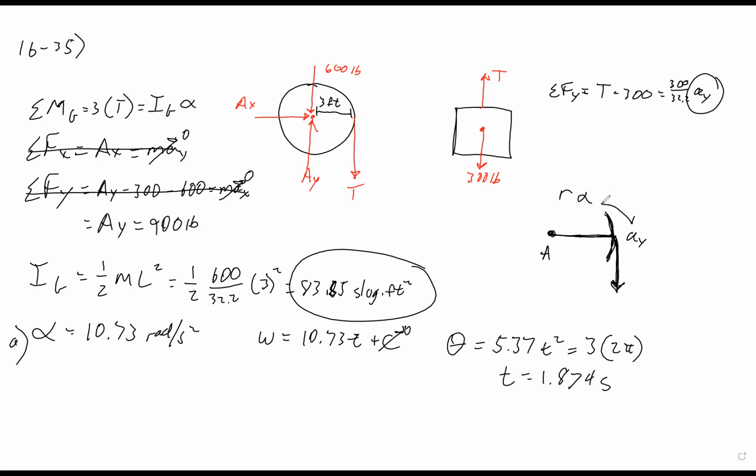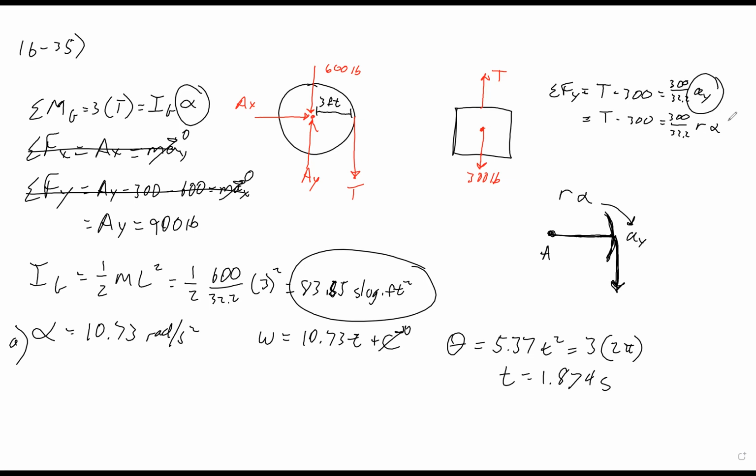So that means that ay can be written in terms of the known radius times alpha, and alpha is already an unknown over here. So let's rewrite some of the forces in the y. Tension minus 300 is equal to 300 over 32.2, and then the ay is now going to be r alpha.